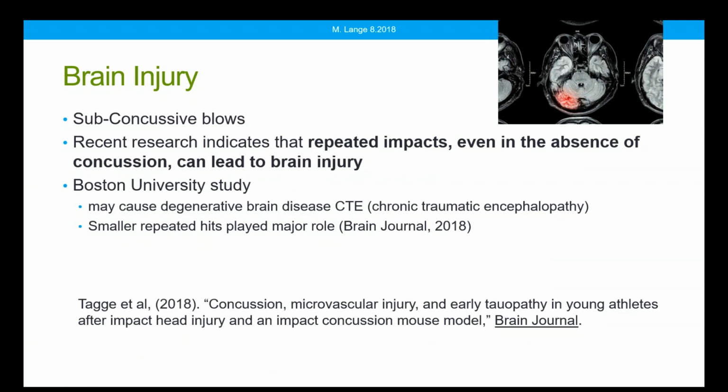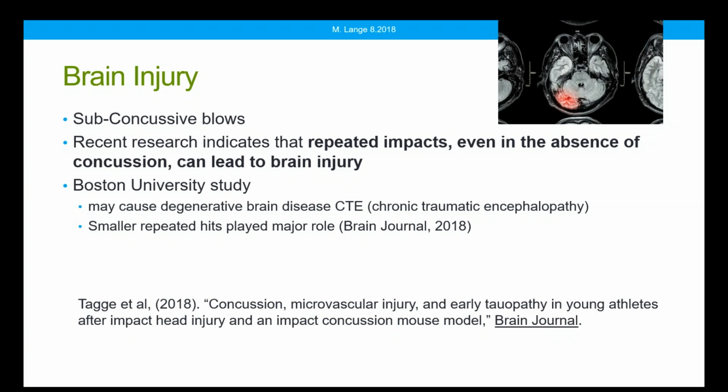There's been a lot of interest very recently in subconcussive blows. Recent research, and you can see one cited here as recently as this year, has indicated that repeated impacts, even in the absence of concussion, at a force that doesn't quite create a concussion, can still lead to brain injury.